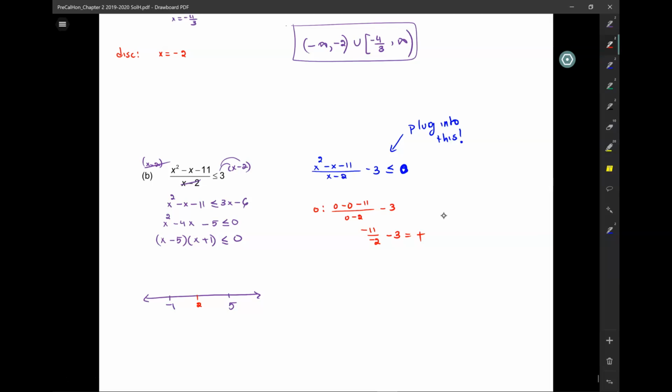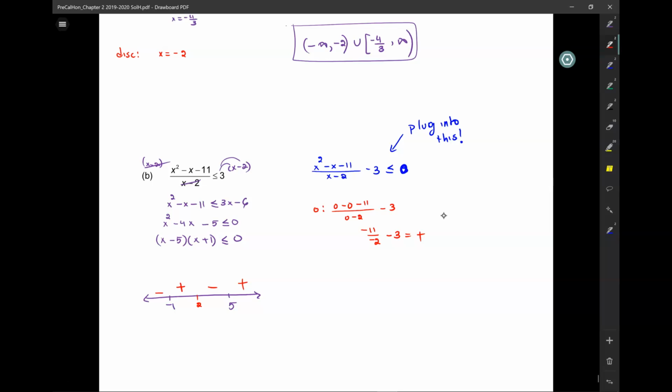So at 0, it's positive. At negative 1, does it change signs? Yes, because it's an odd multiplicity. At 2, does it change signs? Odd multiplicity, yes. At 5, does it change signs? Yes, it does.